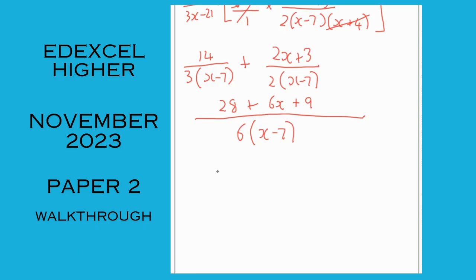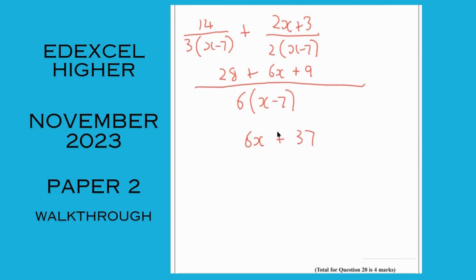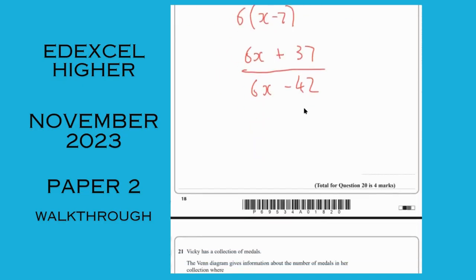So the top result means we have 6x and 37. And because of the way we're asked to write it, we'll expand the brackets on the bottom to give us 6x minus 42. Not so bad in the end, but all the time with questions like that, everything cancels, loads of stuff disappears, and you end up thinking, oh, is that it?